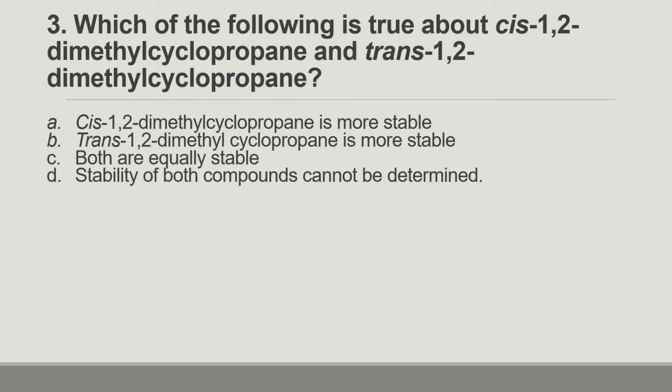3. Which of the following is true about cis-1,2-dimethylcyclopropane and trans-1,2-dimethylcyclopropane? So, para hindi tayo mahirapan, first thing you have to do is to draw the given compounds. So, I will draw it muna.